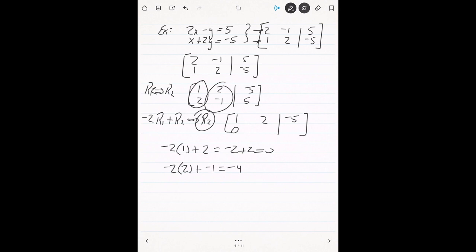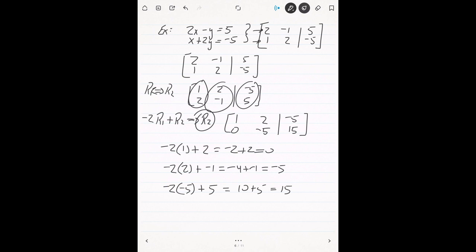So that's a -4 plus -1. That's -5. Well, okay, that's got rid of the 1 I wanted, but we'll see if we can keep working with this. Now let's work with the constants. We take -2 times what's in row 1. It's a -5. And we're going to add this to 5 in row 2. So we get a 10 plus 5, which is 15.